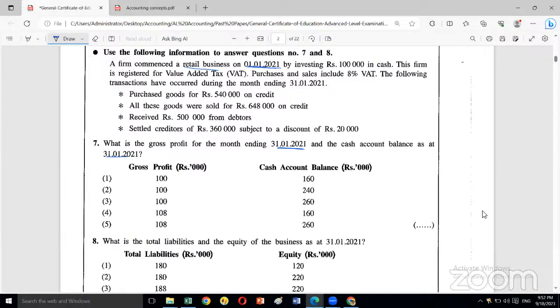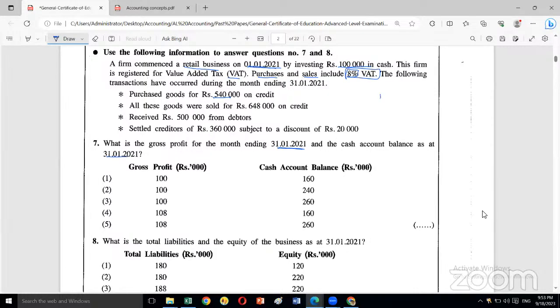By investing 100,000 in cash, this firm is registered for value-added tax, VAT. Purchases and sales include how many percent VAT? 8%. They gave you purchase of goods 540, which includes 8% VAT.